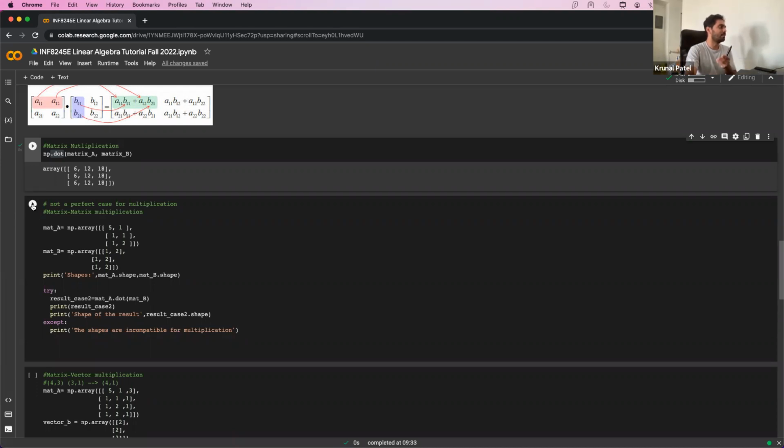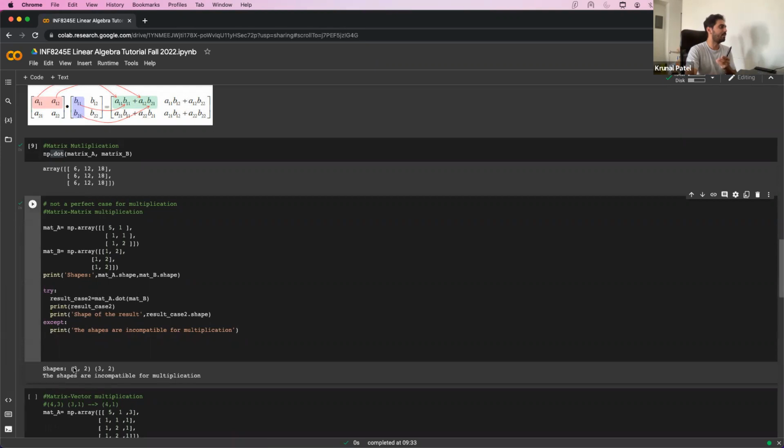So for example, if we have matrices with shapes 3 by 2 and 3 by 2, then we cannot really do a dot product of those two matrices, right? So if we try to do the dot product, then we will hit an exception and your code will crash. Okay, so this is not crashing because it is in a try and except kind of a block. But if you don't put things in a try and except block, then your code will be crashing and you will be hitting issues.